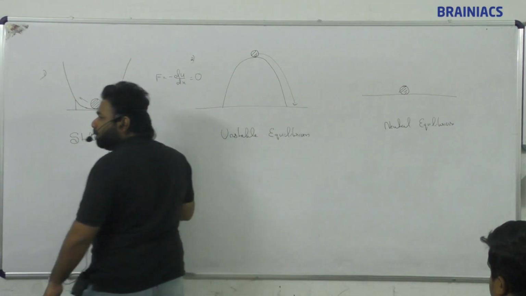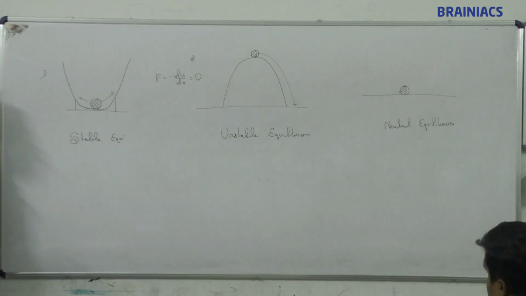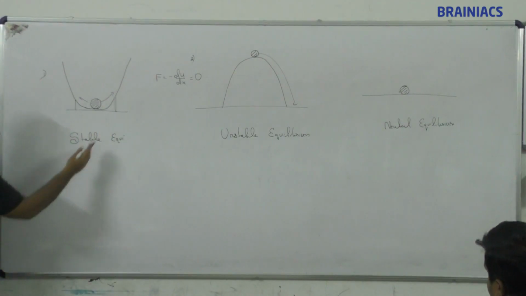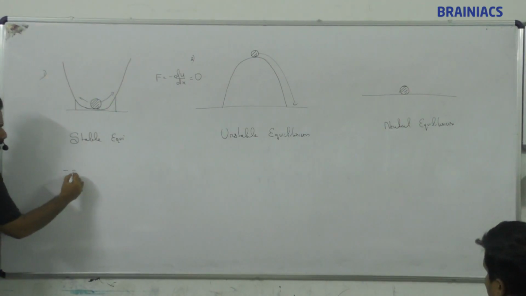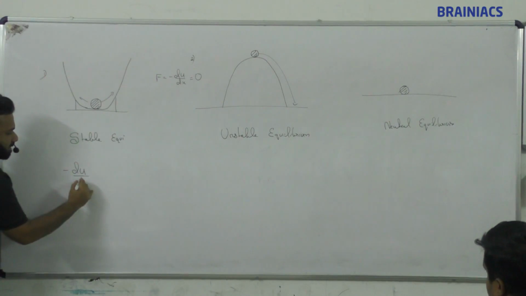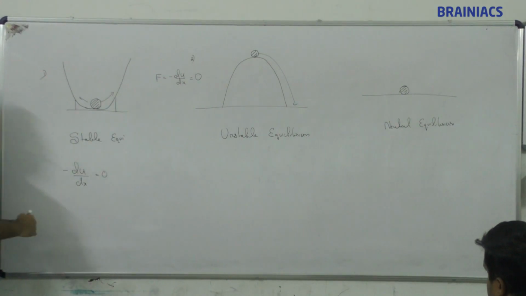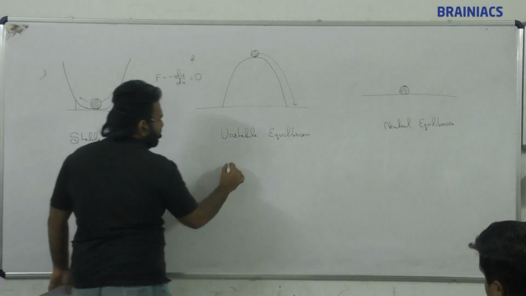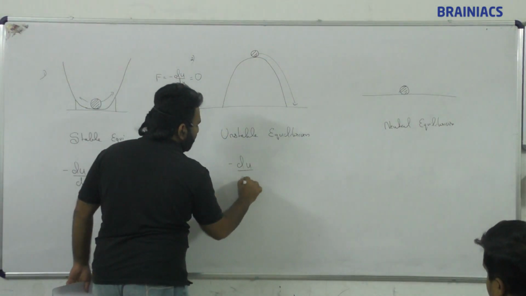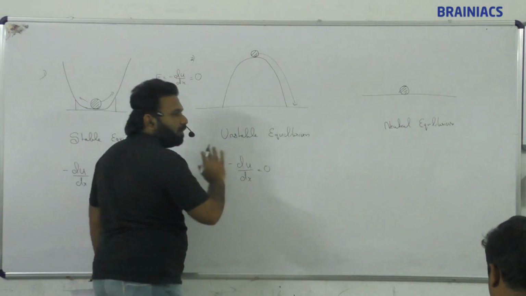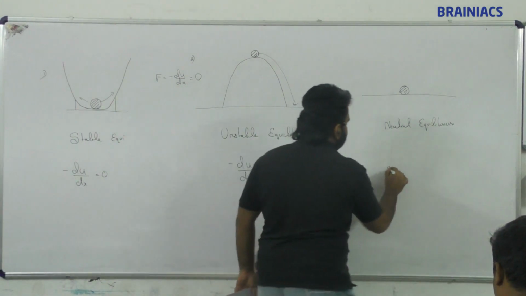So if we get a potential energy function and you differentiate it, if you do du by dx, if it is 0, it is stable equilibrium. This is also stable equilibrium.